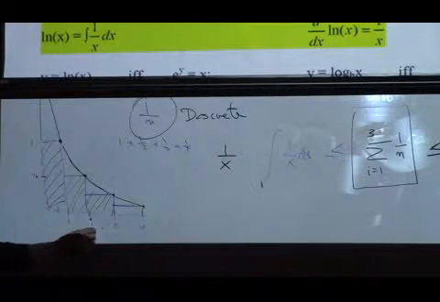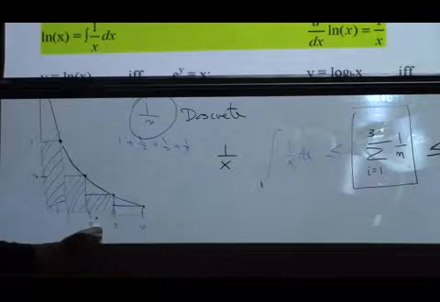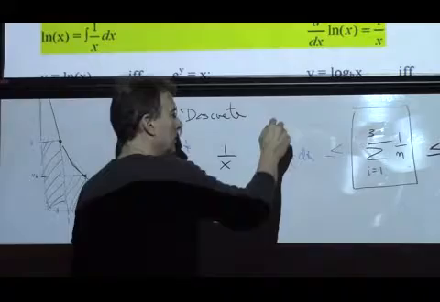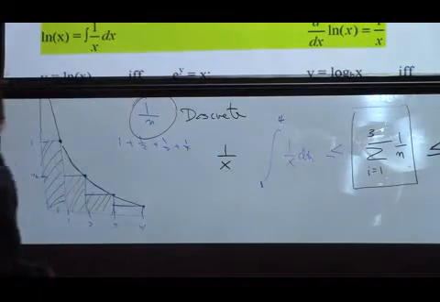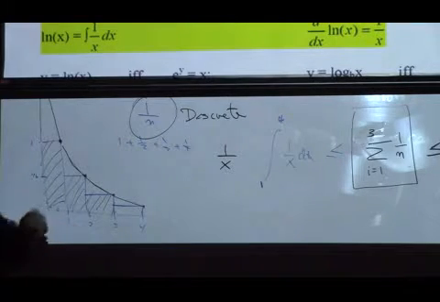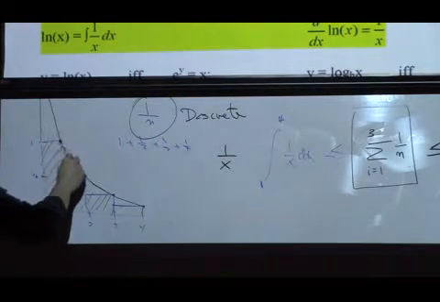So 1 to 2 gives me 1. To 3 gives me 2. I have to go to 4. So 1 to 4 is the area under the curve here.